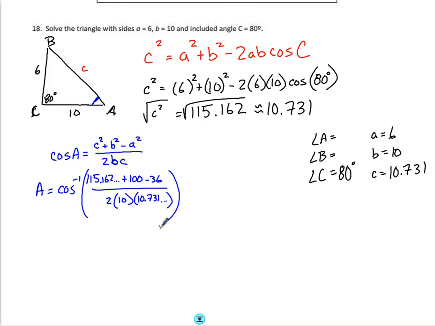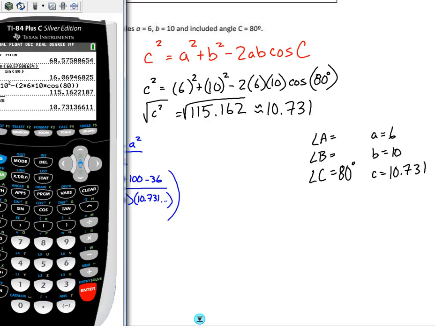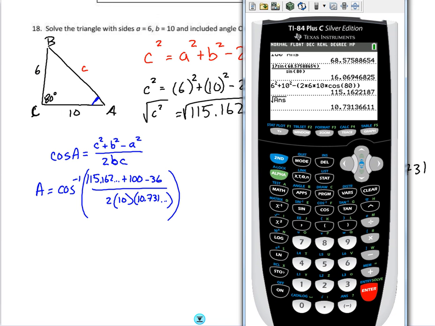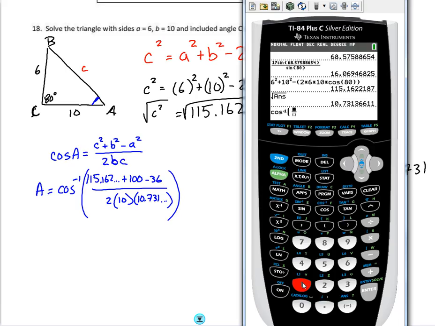Gotta be really careful about how I put this in my calculator because I don't want to screw up my decimals. So, nice thing about a calculator is I have this whole fun fraction kind of thing I can get going on here. I want to do the second cosine inverse of alpha y equals 1, kind of gives me a fraction. In the numerator, I want to use this 115. See up here I have the number in there already?